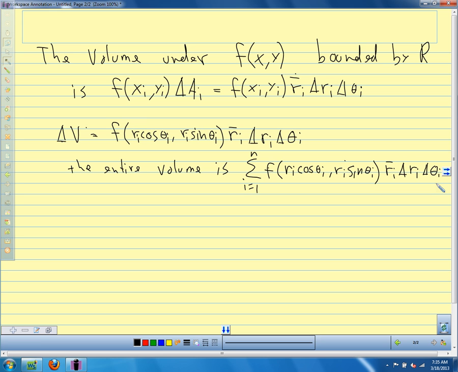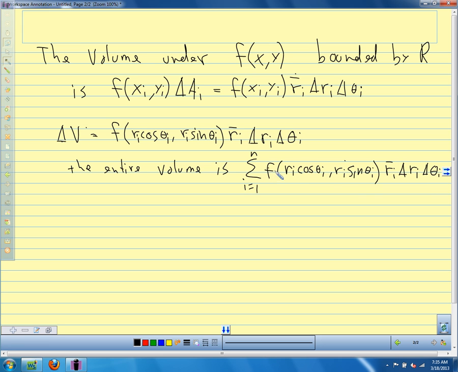And again, I'm being a little loose with our terminology. When we take the limit, the size of the polar rectangle, we say that the length of the longest diagonal of any of the polar rectangles is approaching 0. So that's what we call the norm of the region. So that's what we're talking about when we talk about this limit, is that longest diagonal is going to 0. I'll just say delta A goes to 0.